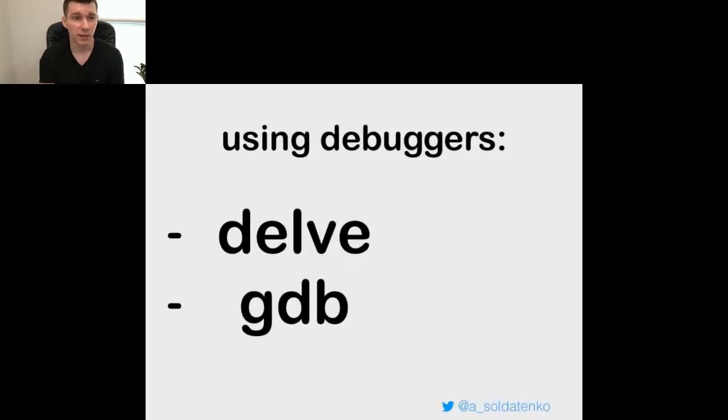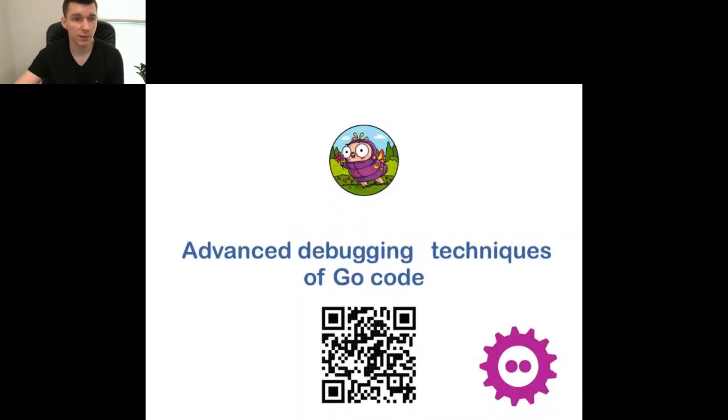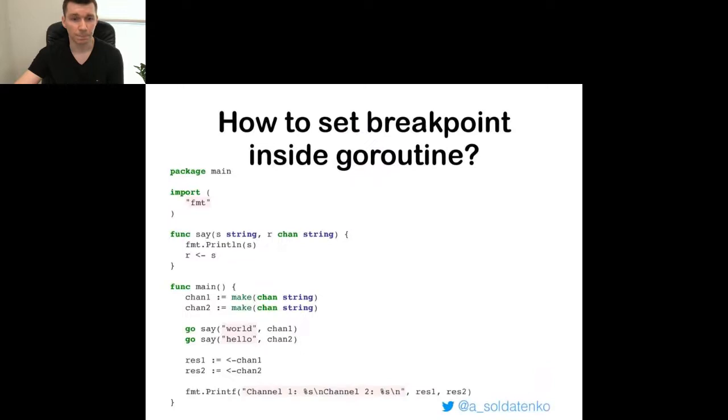If not, I highly recommend you find information on the internet, or watch my previous talk from FOSDEM, where I demonstrated all the nuances of how to debug using Delve or GDB, so you can extend your knowledge base and find different tips and tricks.